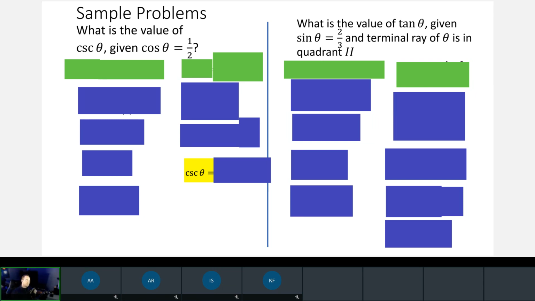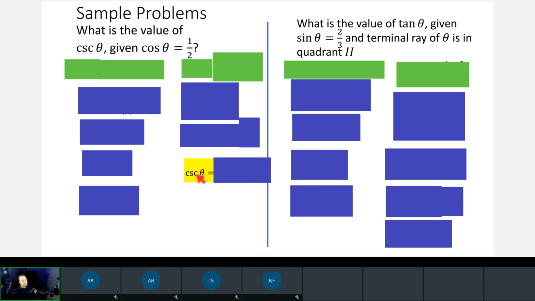A good way to approach these problems, at least in my mind, is to work backwards. We know we want to find cosecant, but we're only given cosine.